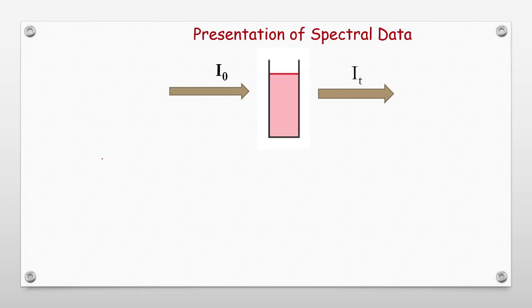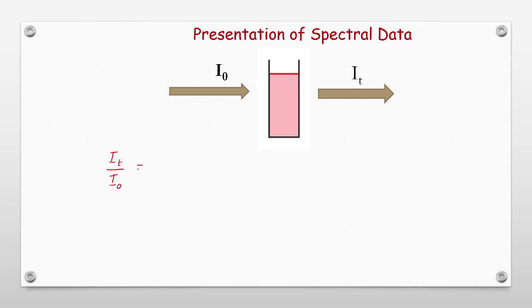Now the term IT by I0, that is the fraction transmitted. IT is the intensity of the transmitted light, I0 is the intensity of the incident light. So IT by I0 will be the fraction of radiation that is transmitted.